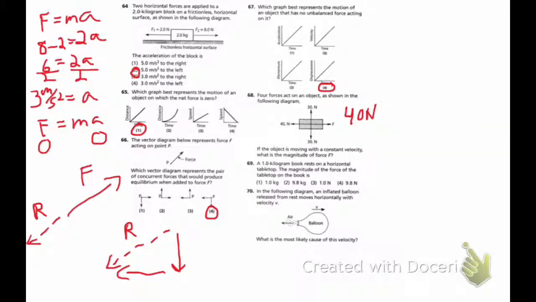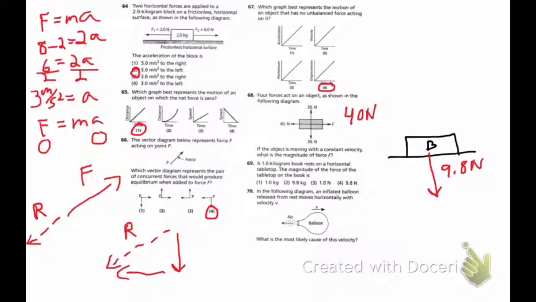Alright, question number 69 reads, a 1 kilogram book rests on a horizontal tabletop. The magnitude of the force of the tabletop on the book is? Well, if we draw the figure of a book on a tabletop, we know that the book is applying a force downward of 9.8 newtons.